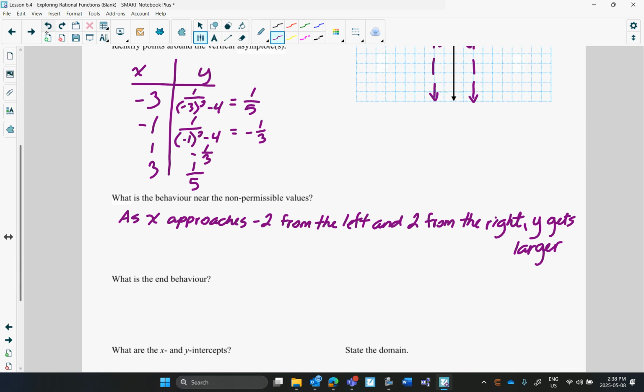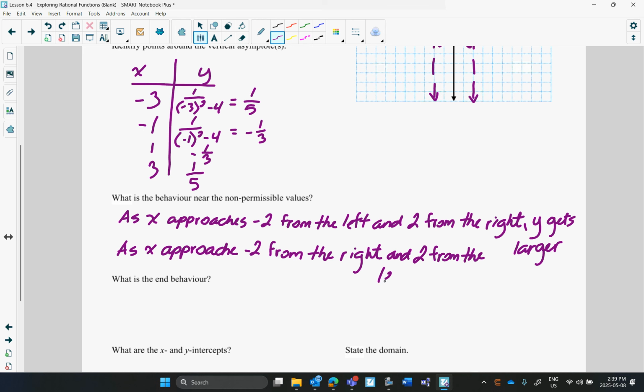So what that means is as x approaches -2 from the right, and 2 from the left, y gets smaller.